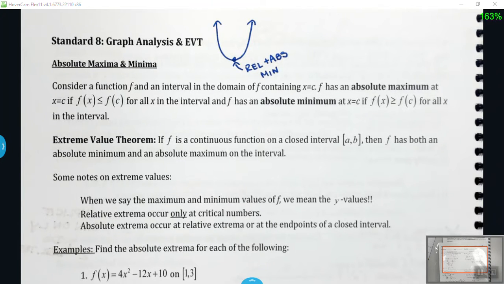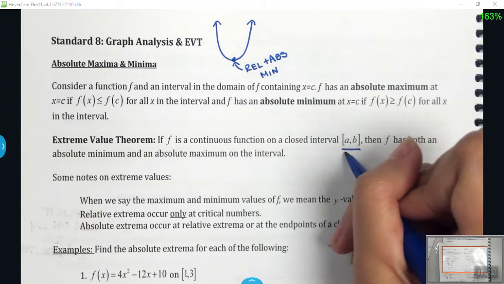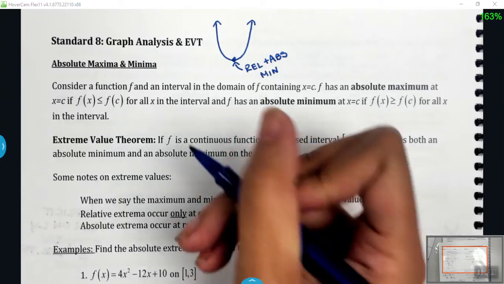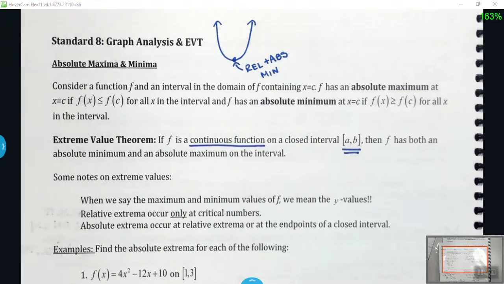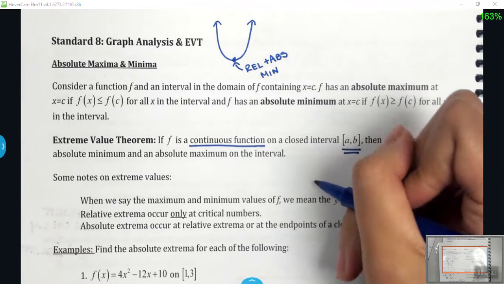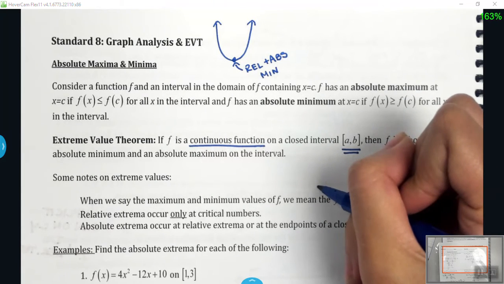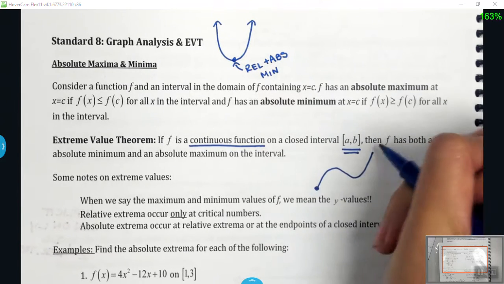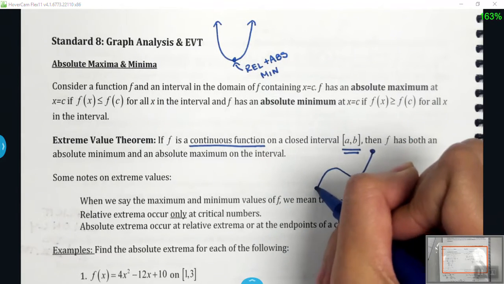Sometimes you will have absolute maxes, sometimes you won't, in open intervals that go from negative infinity to infinity. If you close off those intervals, like if you do a closed interval a to b, then what extreme value theorem says, and you don't have to quote extreme value theorem, is that if you've got a continuous function on a closed interval a to b, so let's say I had this polynomial and I cut it off at 2 points, here and here, I closed my interval.